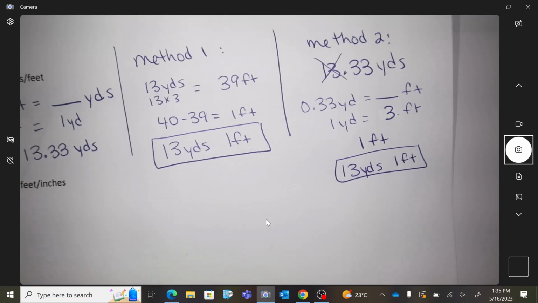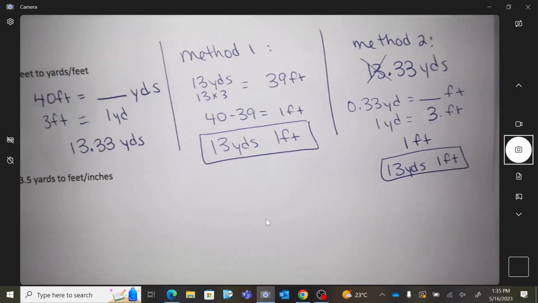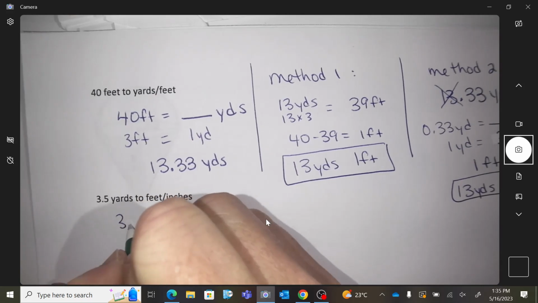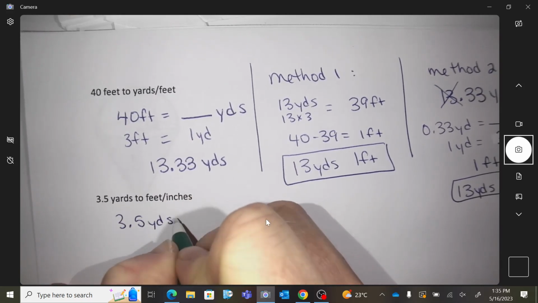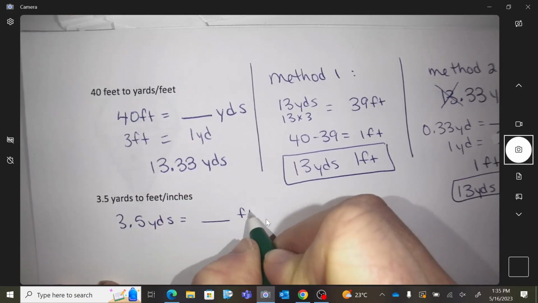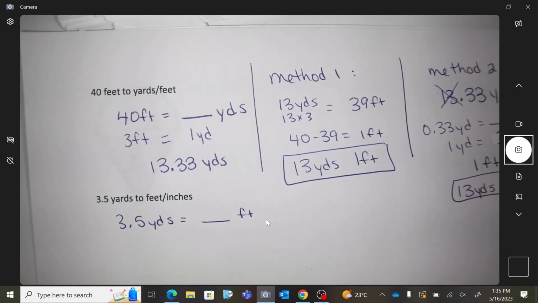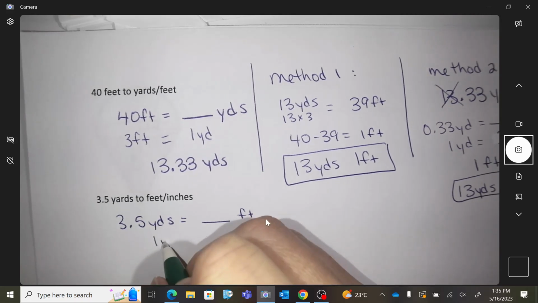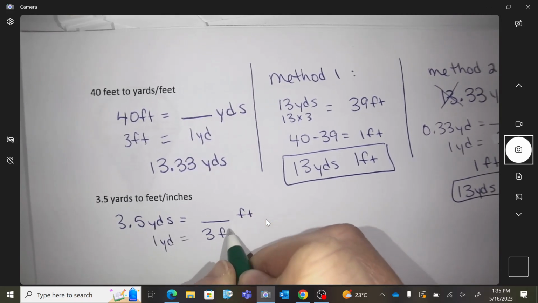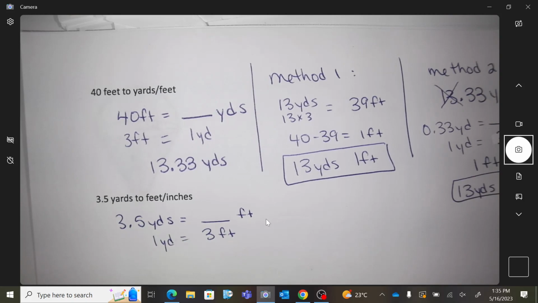Okay, last conversion. We have 3.5 yards is how many feet? When I know 1 yard is 3 feet. Okay, again, stop, pause. Am I timesing or dividing?